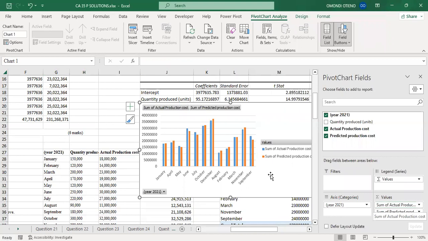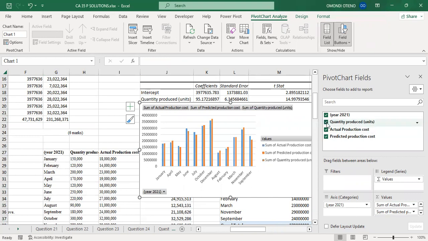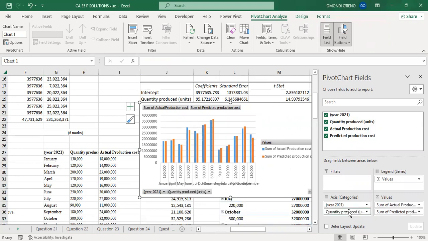So already, as you can see, it is giving me these options in months because I selected that. But I want to see that against quantity produced.